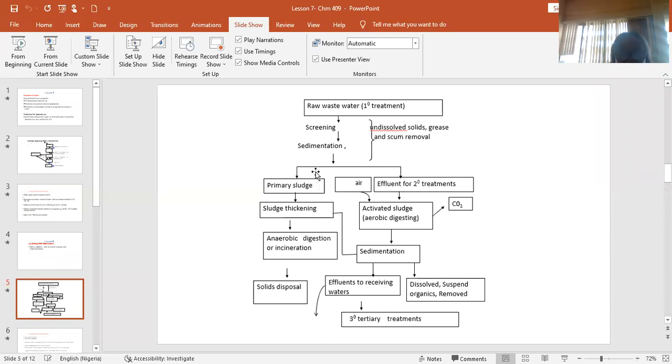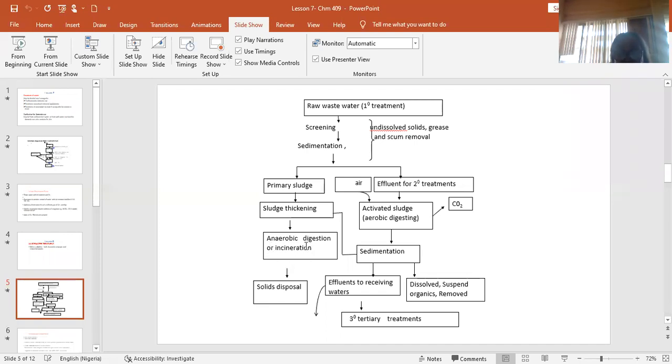So the sludges that we have, both from the primary and the secondary, we can thicken. We can thicken it, and then it goes through what we call anaerobic digestion. Anaerobic digestion is something like fermentation.